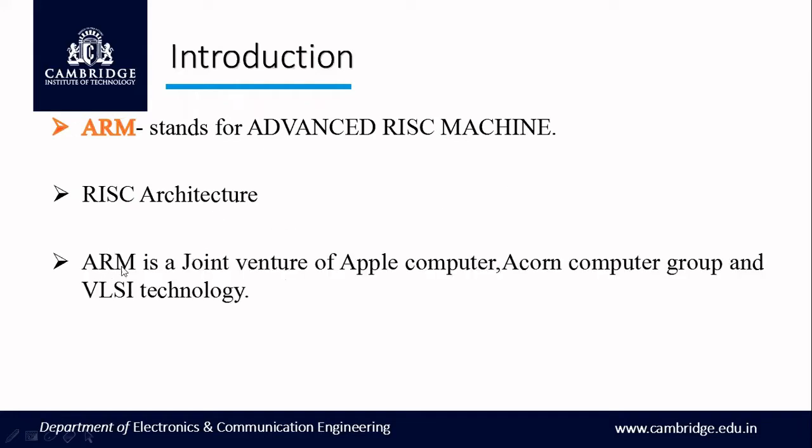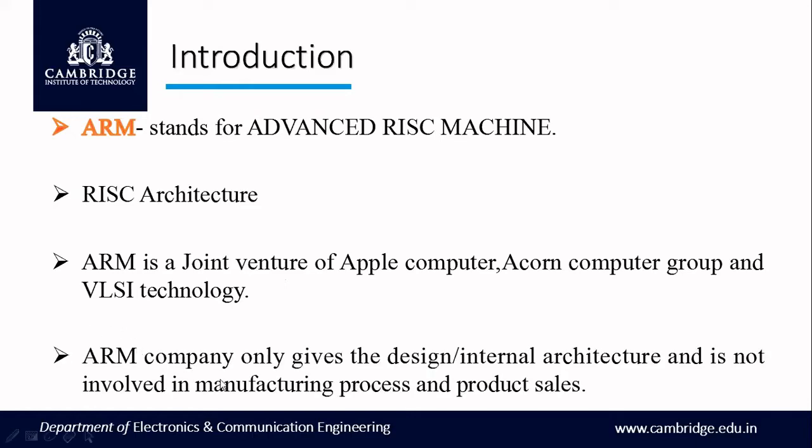Advanced RISC Machines Limited is a joint venture of Apple Computers, Acorn Computer Group, and VLSI Technology. The point to be noted here is the ARM company is involved only in the design process. They are not into manufacturing and sales. They only design the processor and sell or license the design to its partners.